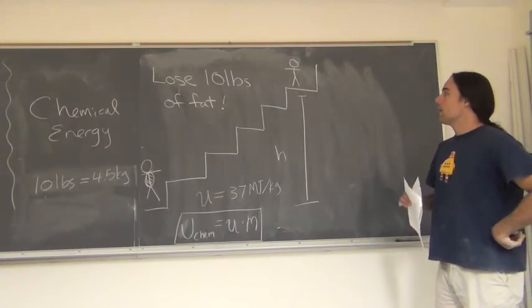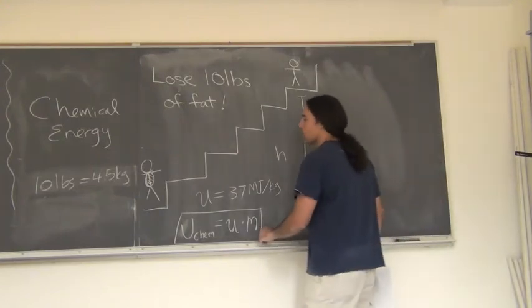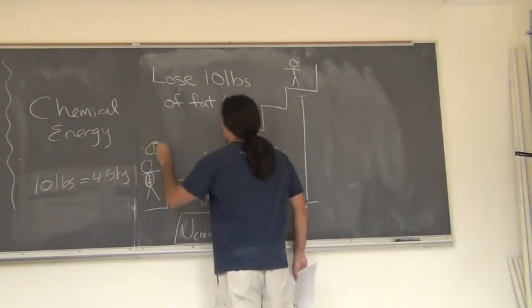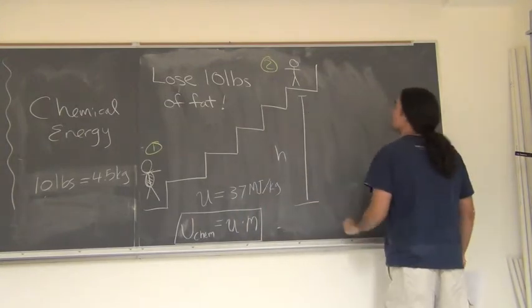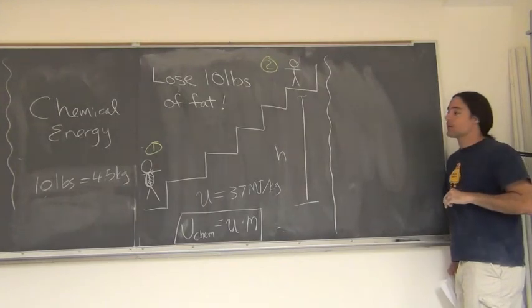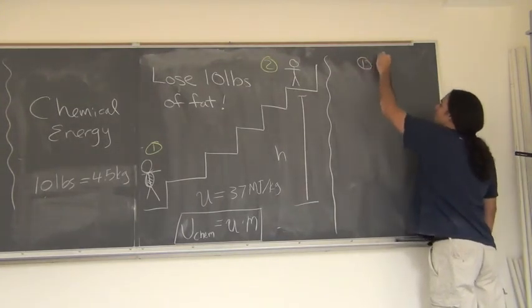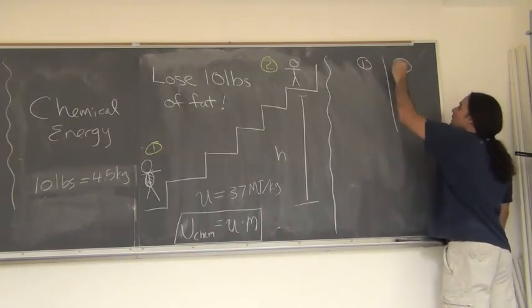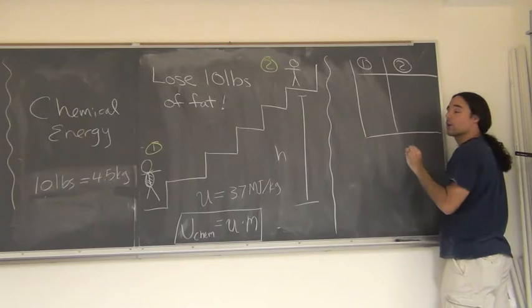But let's think for a minute. I've got two pictures here. And just like we did before, let's just make a chart of the different types of energy we have. So in picture one, what we have is we're starting off on the ground.